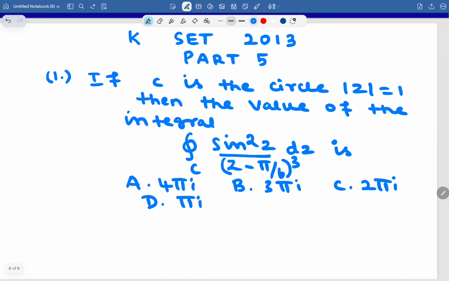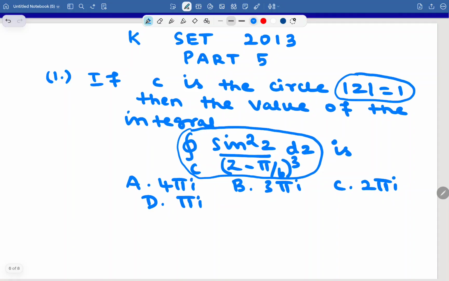We have to find the value of the integral over C, denominator Z minus pi by 6 whole cube, numerator is sin square Z dz. The circle is mod Z equal to 1. Solution: first of all, find the poles of f of Z by equating denominator to 0.